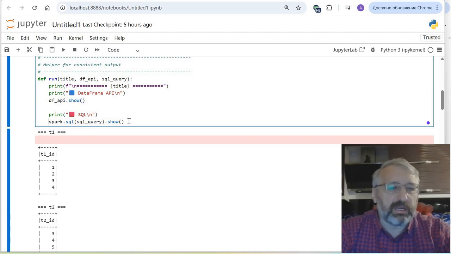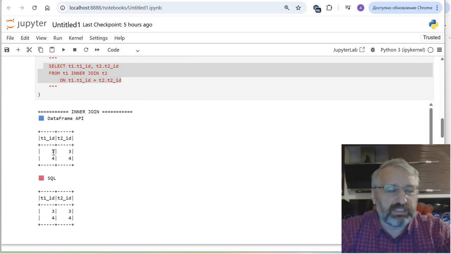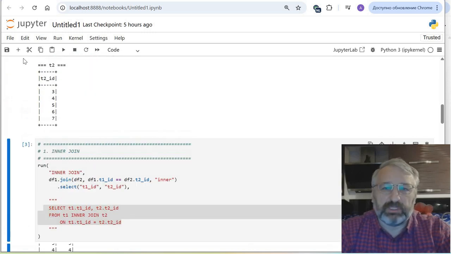And here Spark SQL takes a string query, executes it and shows the result. So here we go. This is inner join. Only those rows which match in both tables are selected, and we can see them here as both IDs. Okay, let's go on.